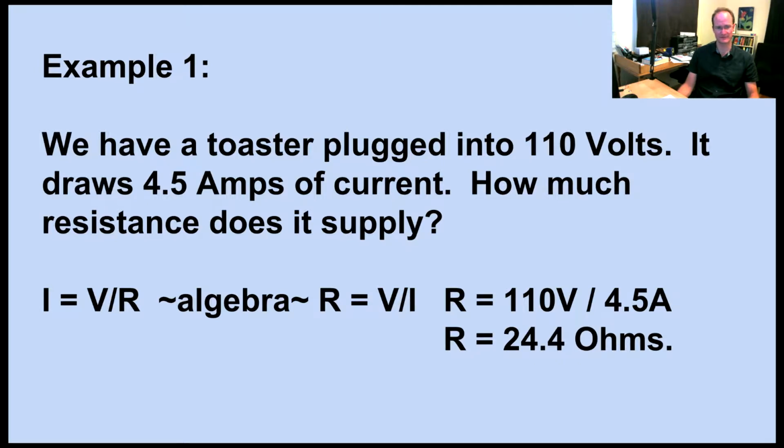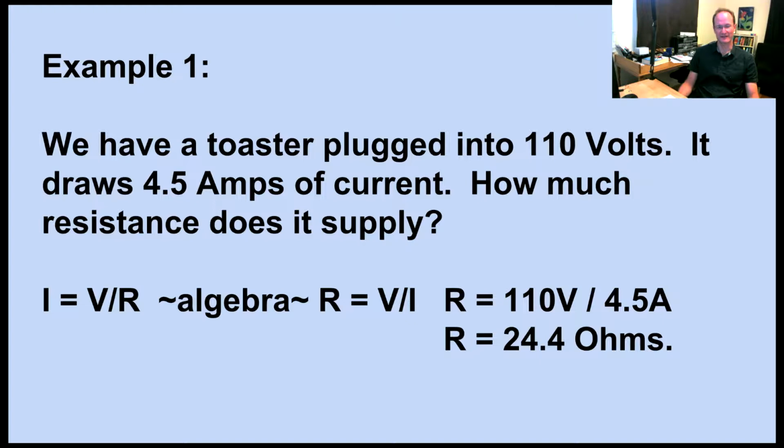So this example is a toaster plugged into 110 volts, and it realistically draws about 4.5 amps of current. So how much resistance did the people designing it put in so that it would work? Here you can see I'm just writing out Ohm's law, that current is voltage divided by resistance, and then some algebra happens, right? And then I'm solving for resistance.